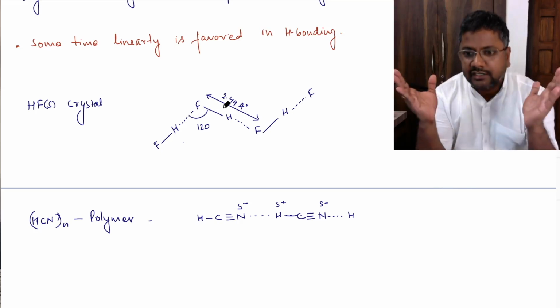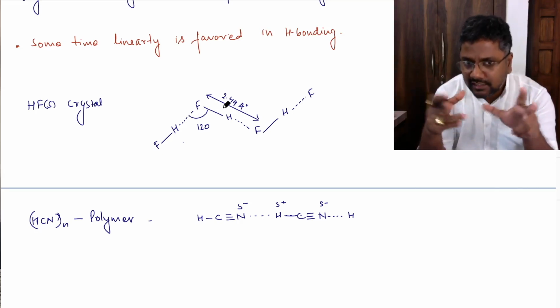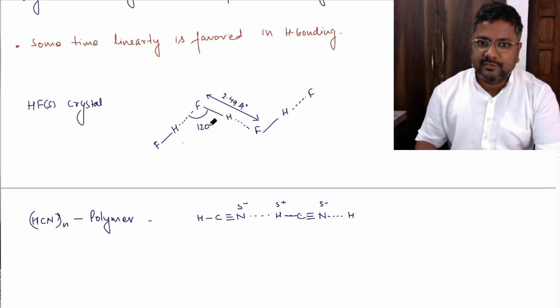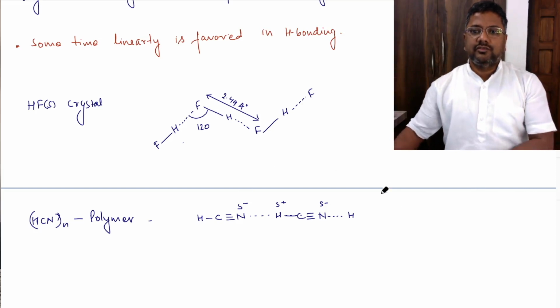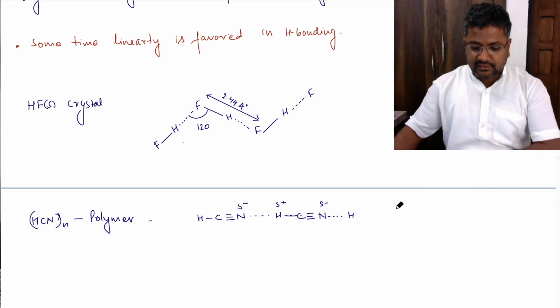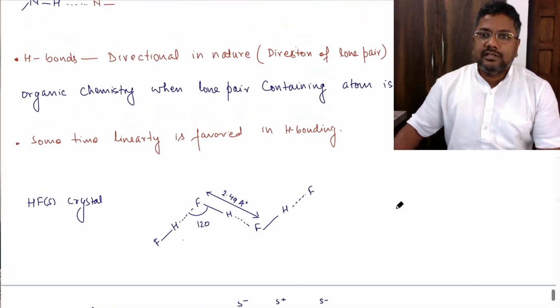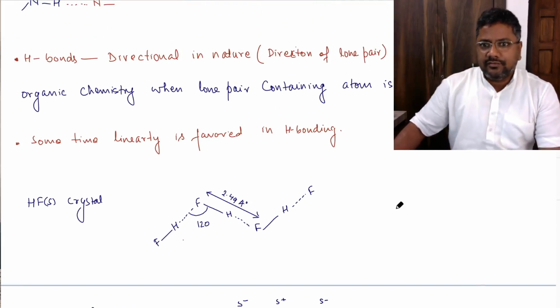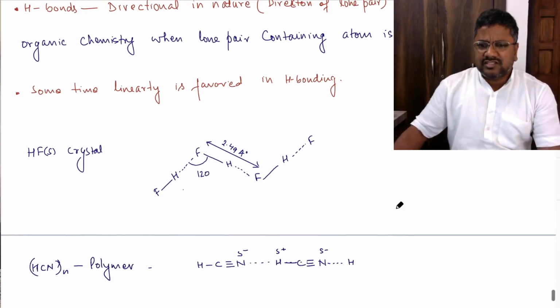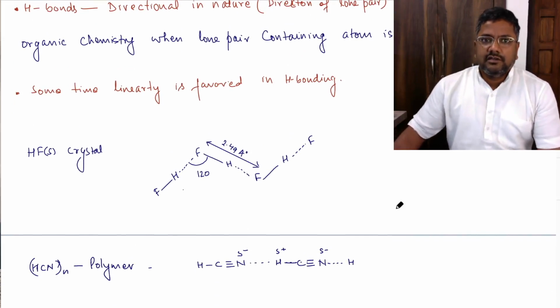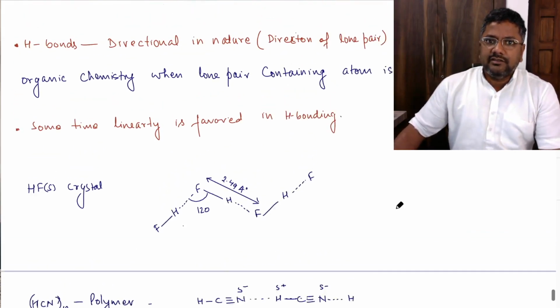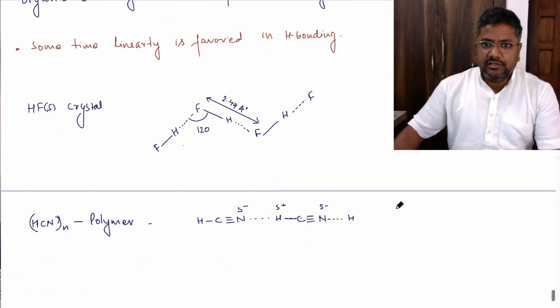But if you take a crystal giant structure, then this angle is reported experimentally, right? So this is all about the directional and non-directional nature of hydrogen bonds. Sometimes it is important and sometimes it is not important for the formation of hydrogen bonds, right?